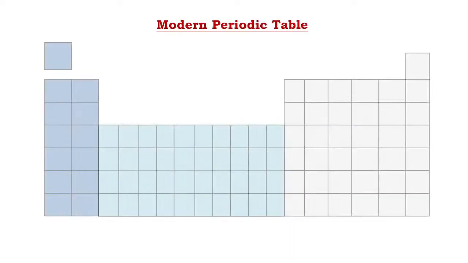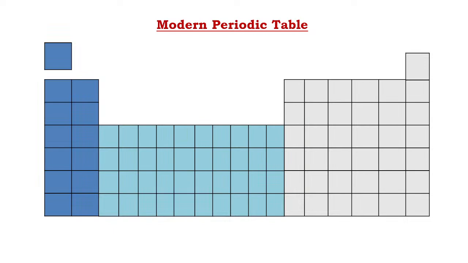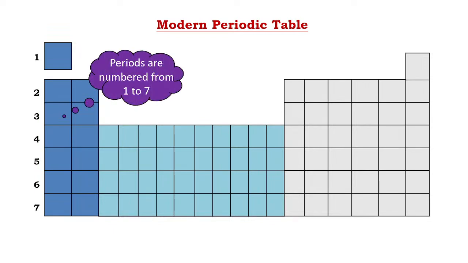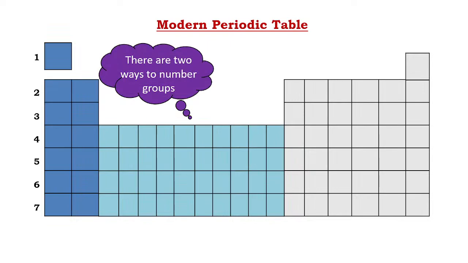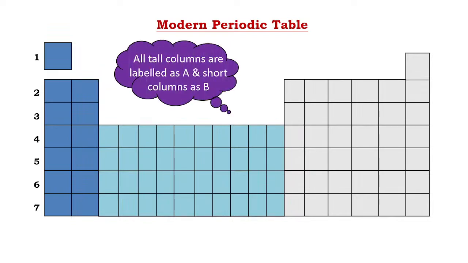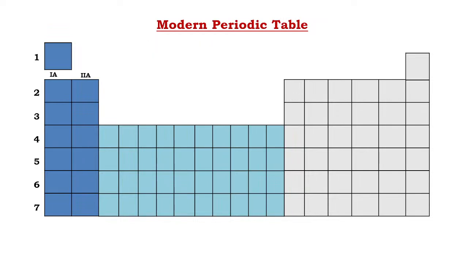Okay, the modern periodic table looks like this, very important. The 7 periods are numbered from 1 to 7. There are two ways to number groups. All tall columns are labeled as A and short columns as B. So 1A, 2A. Can you see this? 1A and 2A. Then on the right side you have 3A, 4A, 5A, 6A, 7A.